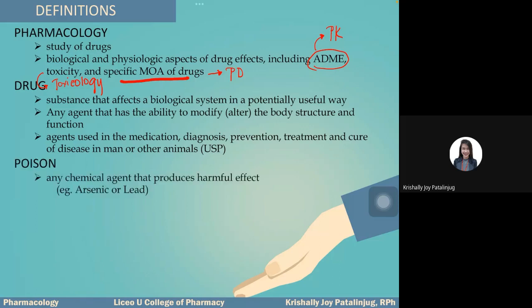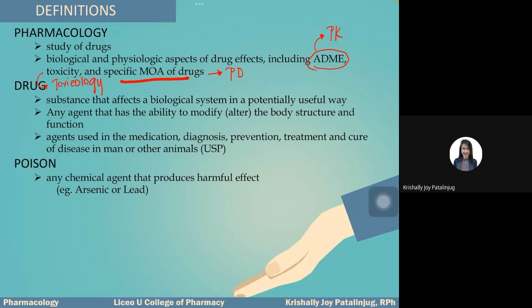Now, whenever an agent, a chemical agent, produces a harmful effect, let's say, for example, it causes injury, it causes diseases or even death, then we refer to that as a poison. And there are a lot of poison. It could be industrial type of poison. We also have metallic poison. So example, we have arsenic, poisonous metal, arsenic, and lead.